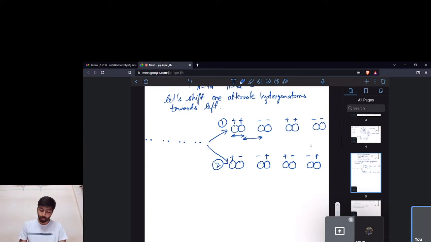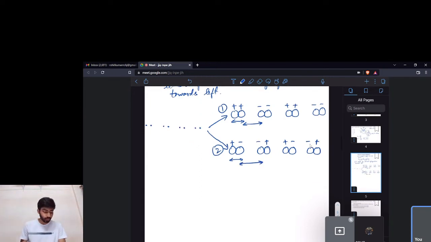That is, anti-bonding interactions are brought closer together and bonding interactions are at larger distance. So these two types of situation happen when you shift one atom towards the left, and this leads to pairing in the system. In such a situation we have lifting of degeneracy in the system.